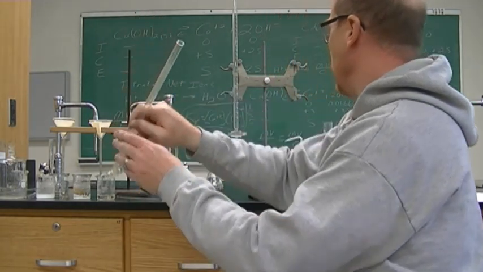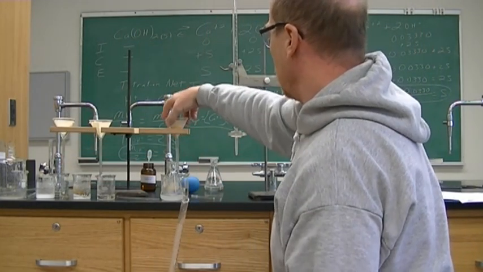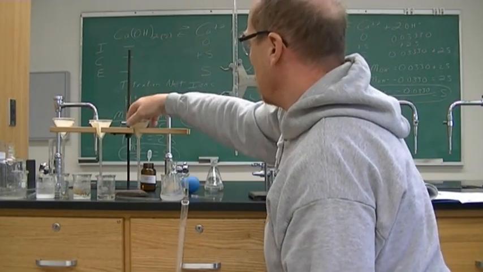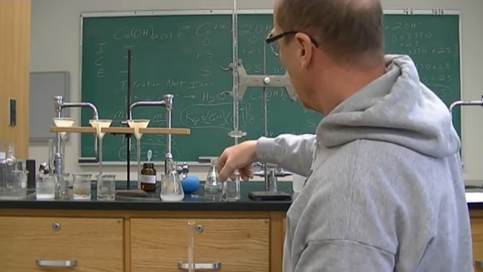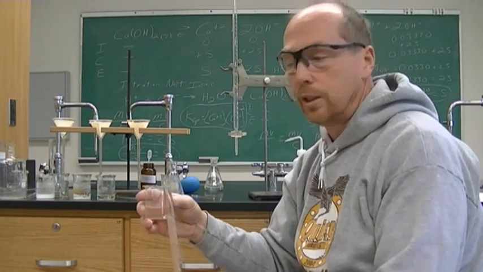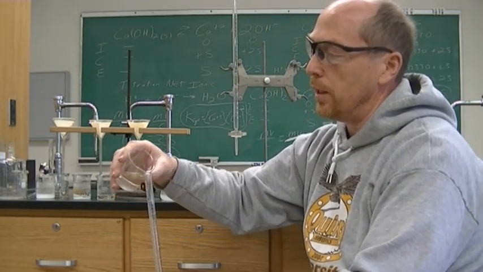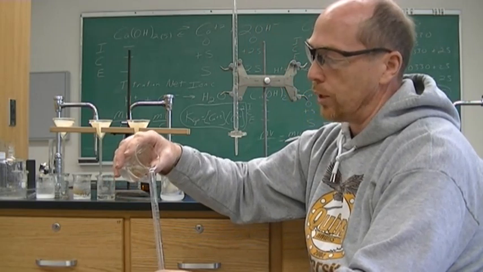Again, we are changing a concentration, and so we take our 0.06660 molar NaOH, and we're going to thrice rinse it.